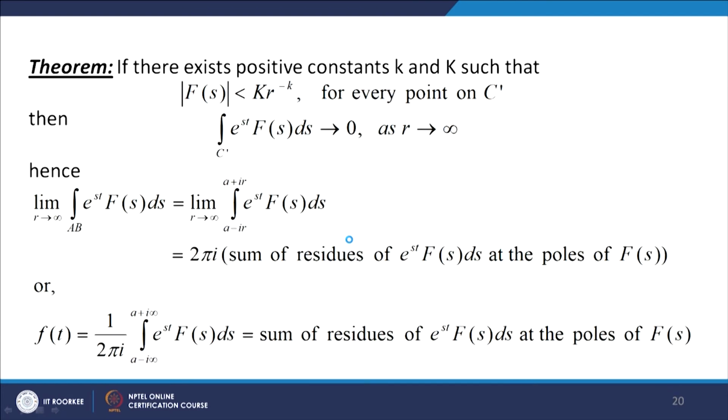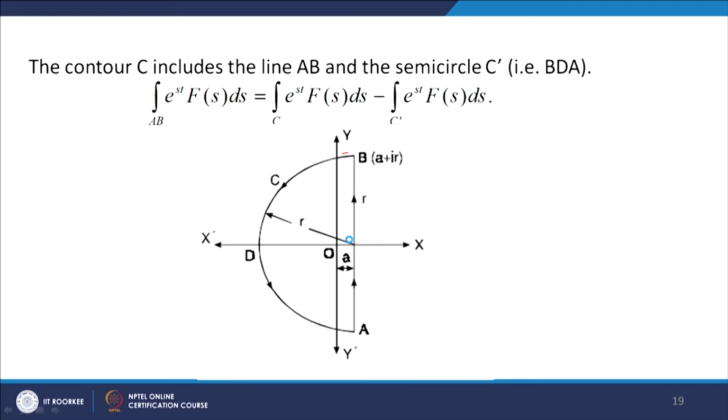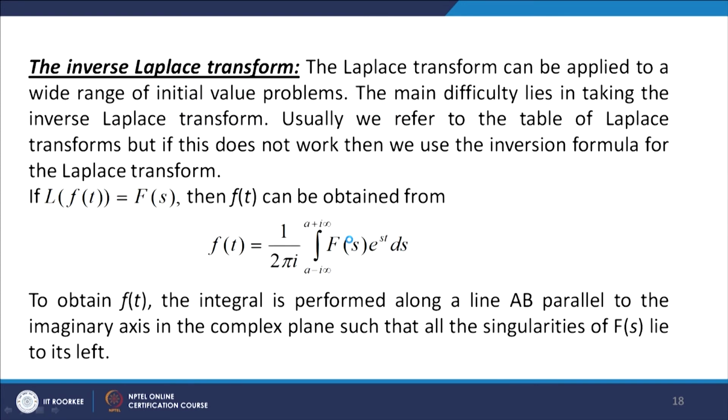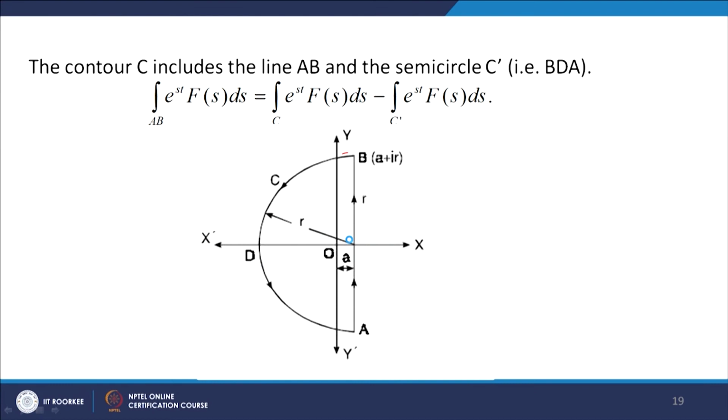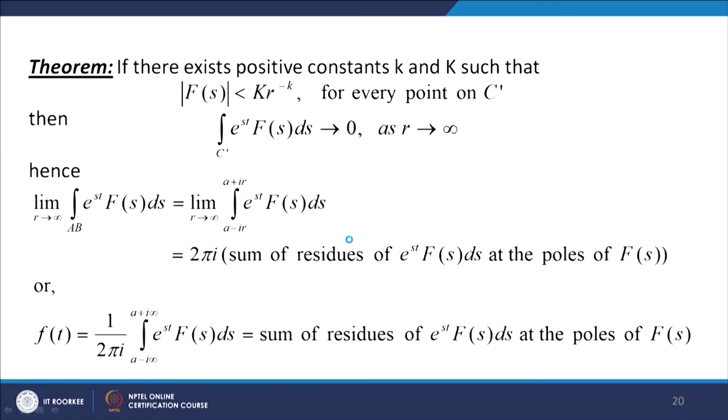So, the integral from a minus iR to a plus iR of e to the power st F(s) ds is, by the residue theorem, 2 pi i times the sum of residues at the poles of F(s), and the other integral goes to 0 as R goes to infinity. So, we have this formula.